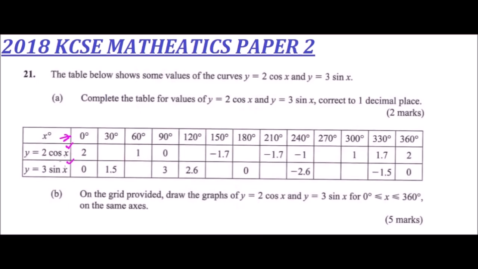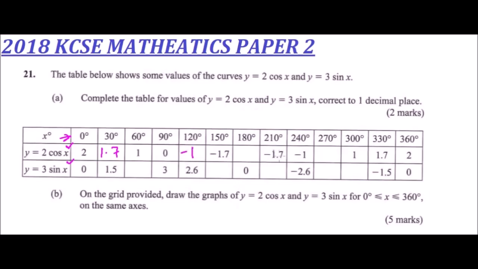For x equals 30, you take cosine of 30 and multiply by 2 and that should give you 1.7. Use your calculator. Then we come to 120. 2 multiplied by the cosine of 120, you get minus 1. Then we go to 180.